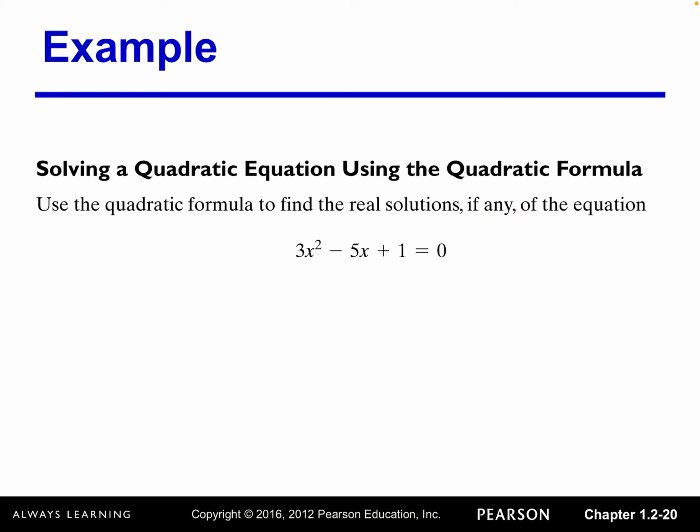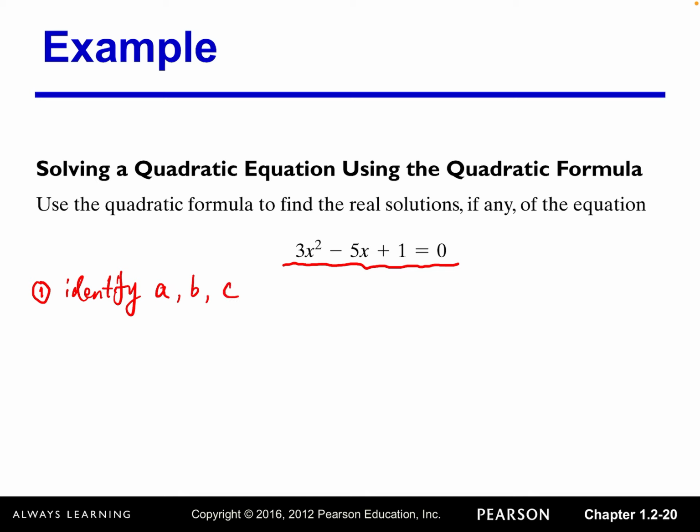Solving this quadratic equation using the quadratic formula. Use the quadratic formula to find a real solution, if any. All right, this quadratic equation is already given to us in standard form, so we don't have to rewrite. In that case, the first step is to identify the coefficients a, b, and c.